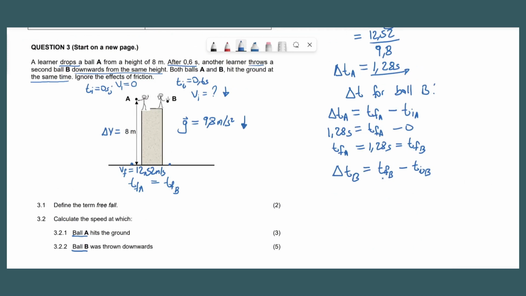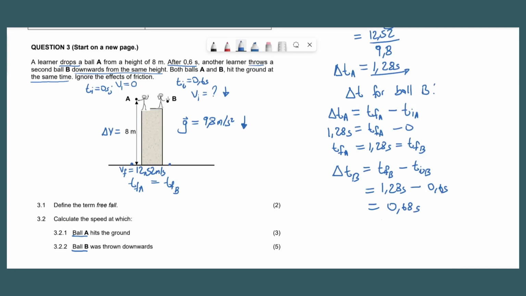And we do know that the final time of ball B is actually also equal to 1.28 seconds. And we also know that the initial time of ball B is 0.6 seconds. And so 1.28 seconds minus 0.6 seconds is going to give us the change in time of ball B, which is 1.28 minus 0.6, that is equal to 0.68 seconds.